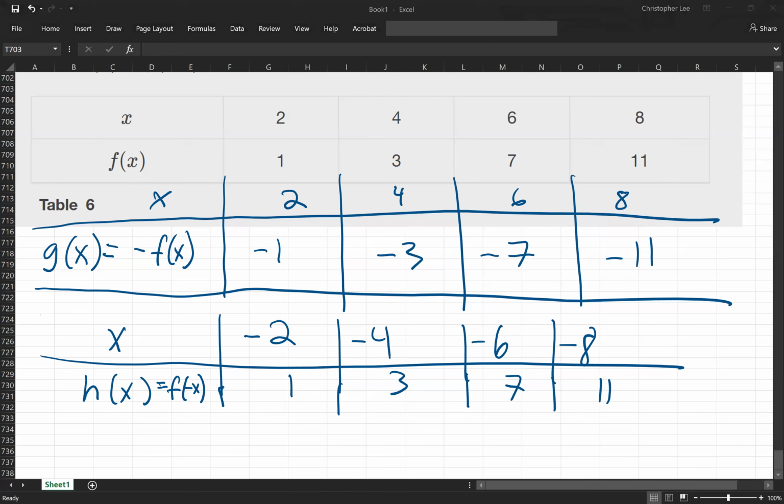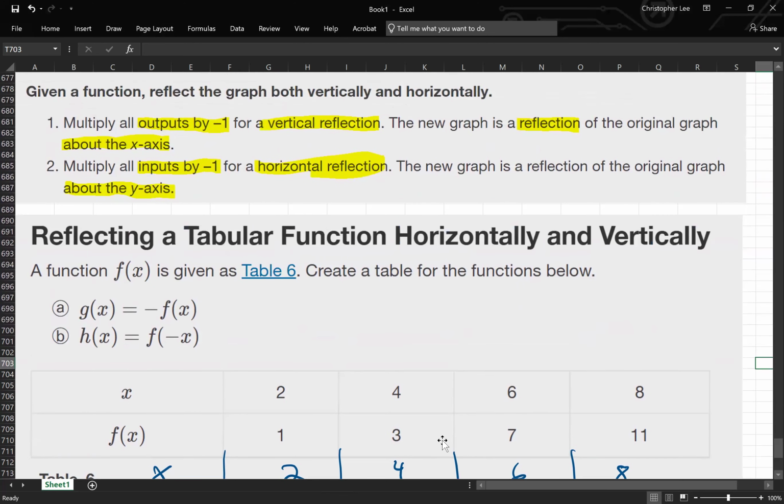Sure. Like you want to see the words for this?